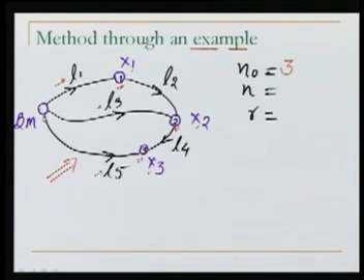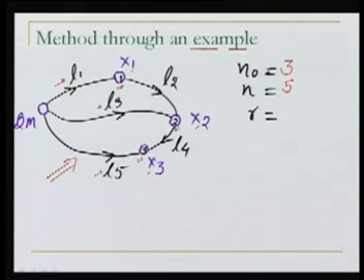Again from the benchmark, we reach point number 3, and L5 is the difference in height between point number 3 and the benchmark. Again, from point number 2, we walk to point number 3 and find the difference between these two heights, which is L4. So we have taken 5 observations.